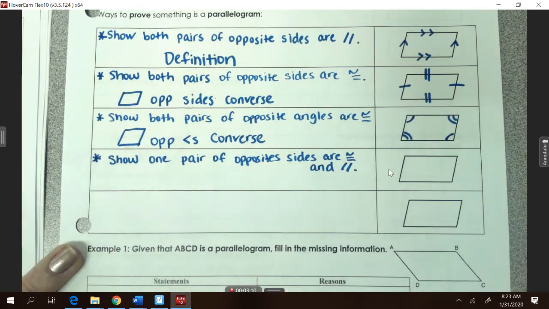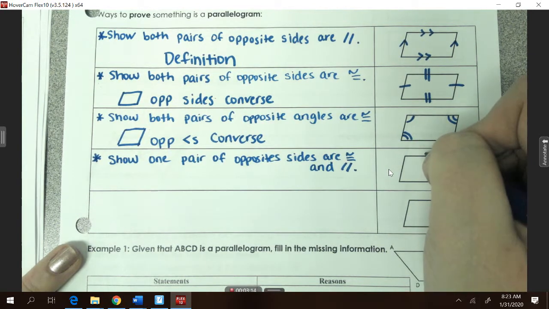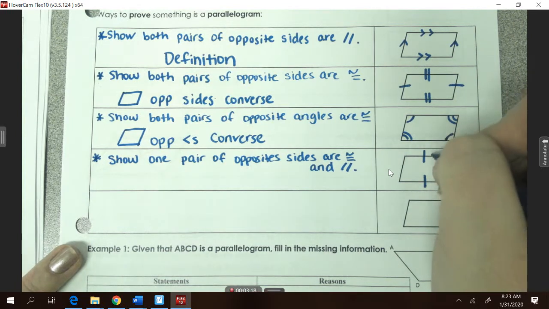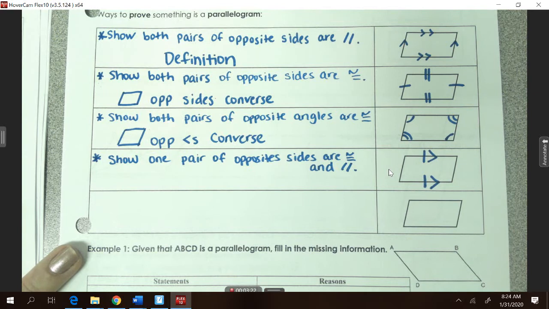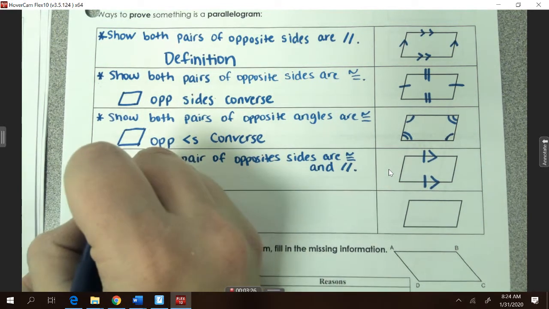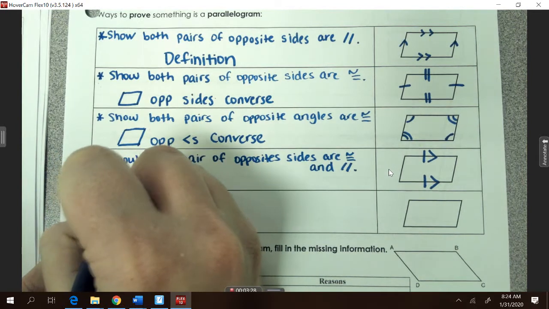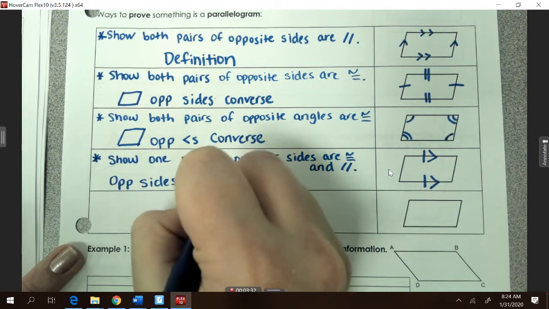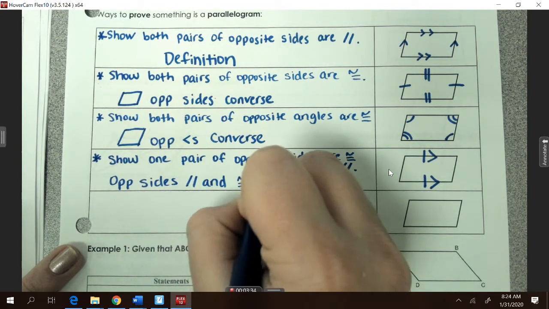And parallel. Okay. So one pair of opposite sides are congruent. And we also proved that that same pair of opposite sides are parallel. Okay, so just one pair there. That's called the opposite sides parallel and congruent theorem.